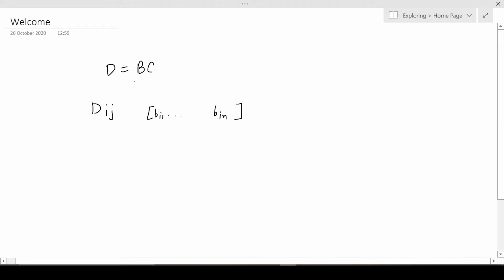Consider this as a matrix with m rows and n columns, and this as a matrix with n rows and k columns. And we will consider the jth column of C. So the first entry will be C1j, and so on, and it will have n entries, up to Cnj. The column index will remain the same because this is the jth column of C. Now we will multiply it term by term and then add them together.